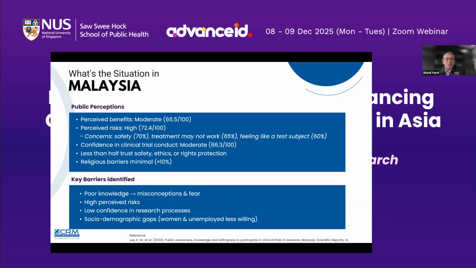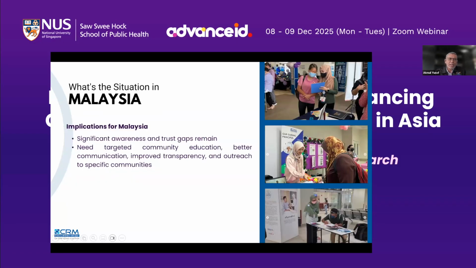And then there is also an interesting finding in terms of social demographic gaps. Women and unemployed are less willing to participate. I think this needs to be validated later in a bigger trial. So what's the situation now? The implication for us is that there is a significant awareness and trust gap between the people and clinical research. And I have to say that the gap is also in the profession itself.